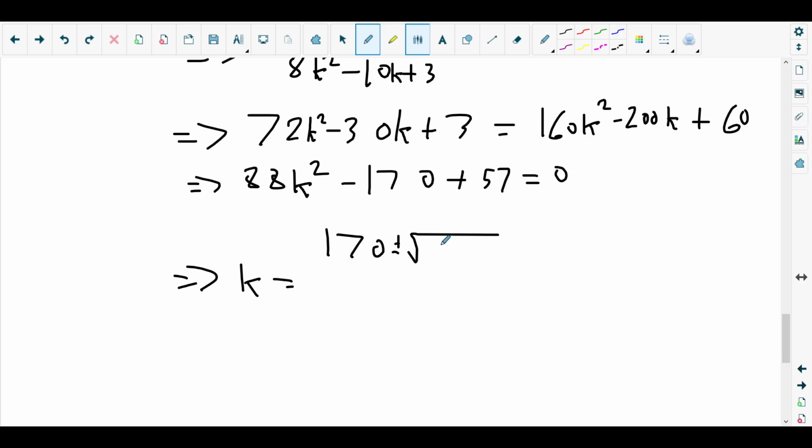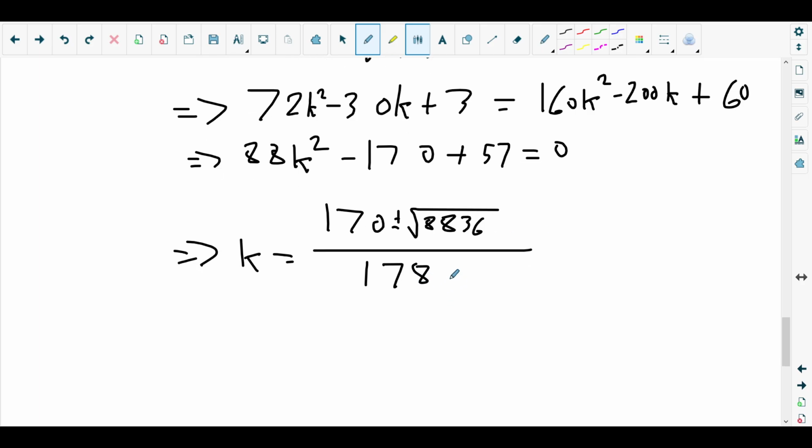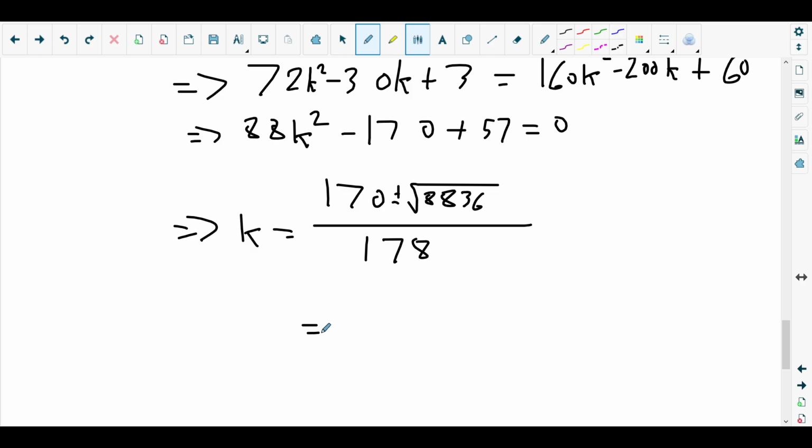The square root of 8836 over twice of a, that is 178. The square root of 8836 is 94.